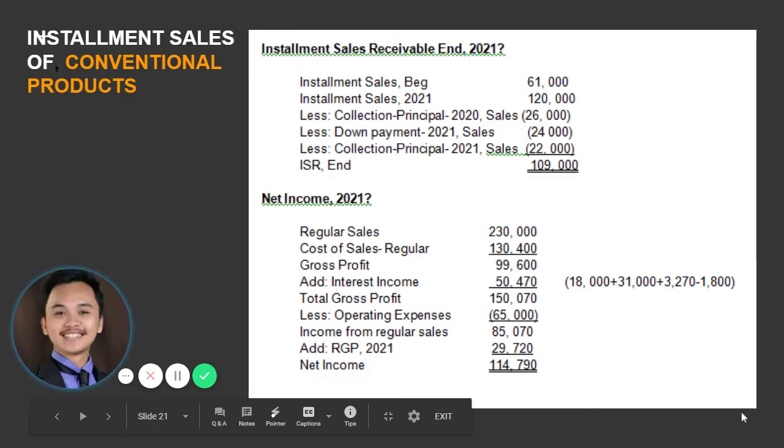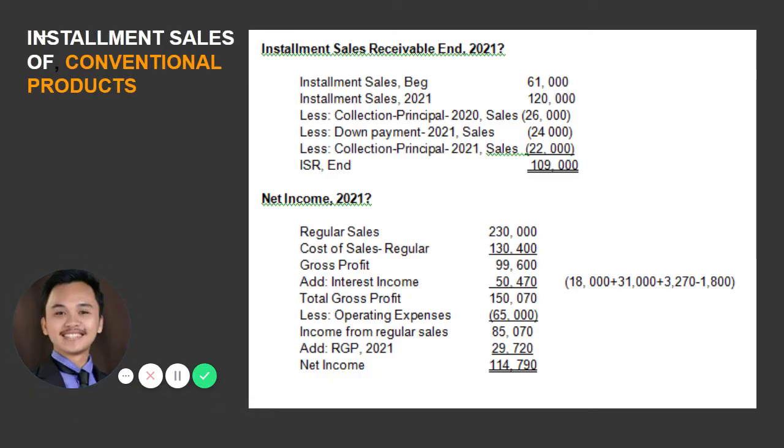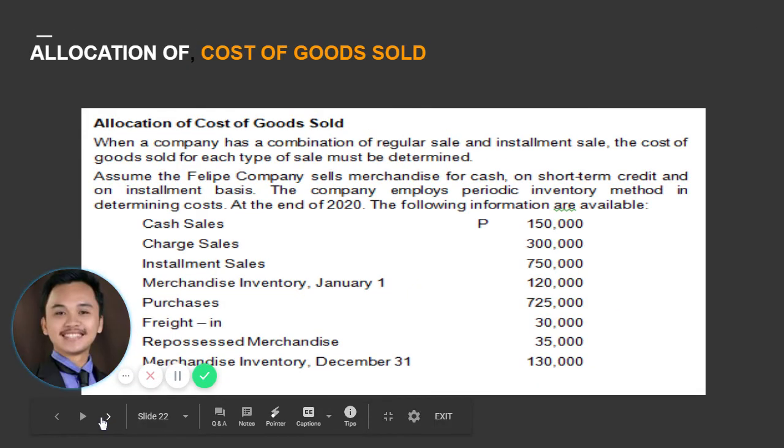Okay, let's proceed guys. This time, let's have allocation of our cost of goods sold. Okay, as mentioned earlier guys, if your cost of goods sold is lumped, meaning it's given at once, you need to compute and determine how much of it is applicable to the regular sales, how much of it will be given to or allocated to your installment sales.